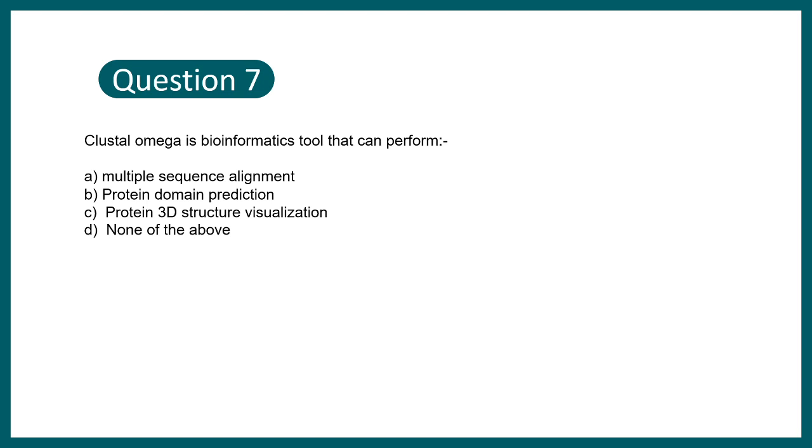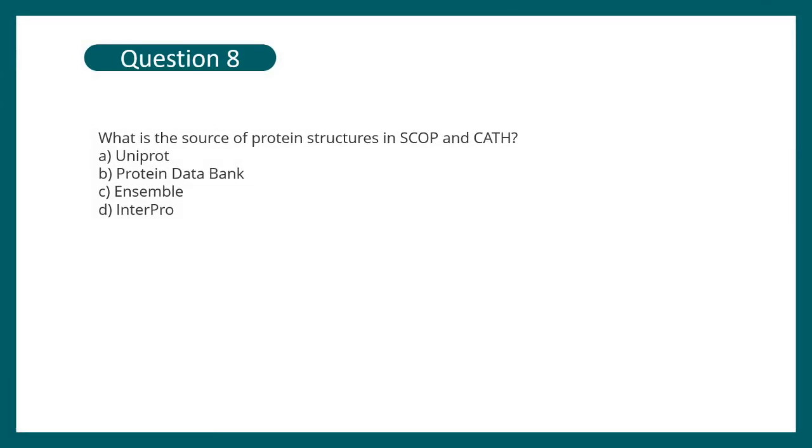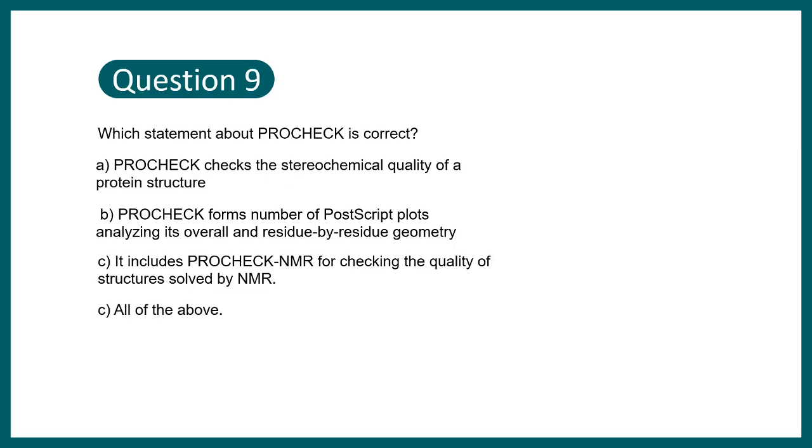Clustal Omega is a bioinformatics tool that can perform multiple sequence alignment, protein domain prediction, protein 3D structure visualization, none of the above. The correct answer, you have to tell me. Question number 8. What is the source of protein structures in SCOP or in CATH? Very common question, but very important. Actually, CATH and SCOP take all the information about protein structure from Protein Data Bank.